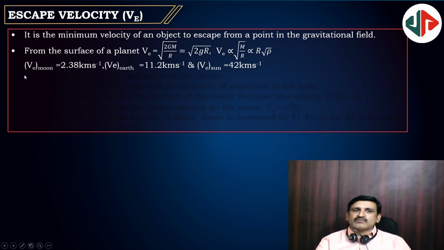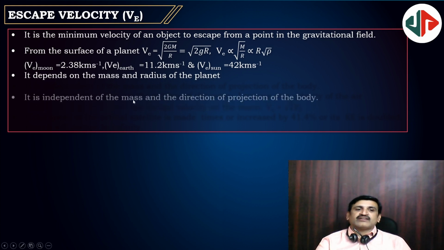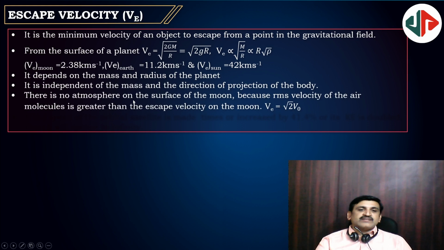Escape velocity for the moon is 2.38, earth is 11.2, sun is 42 kilometers per second. Next, g value is 6 by 10 times the g value actually. It depends on the mass and radius of the planet, and it is independent of the mass and the direction of the body, whatever you are trying to project.